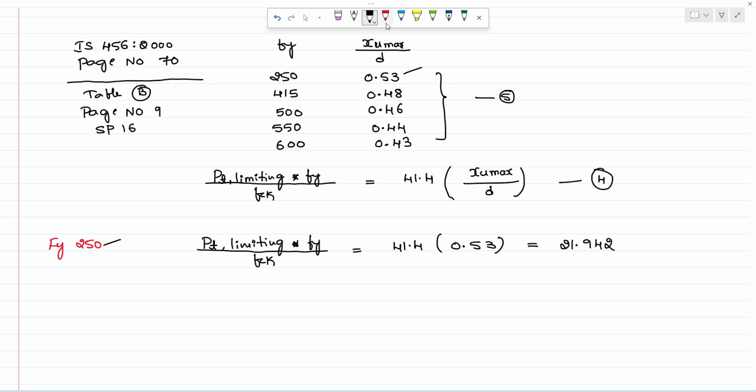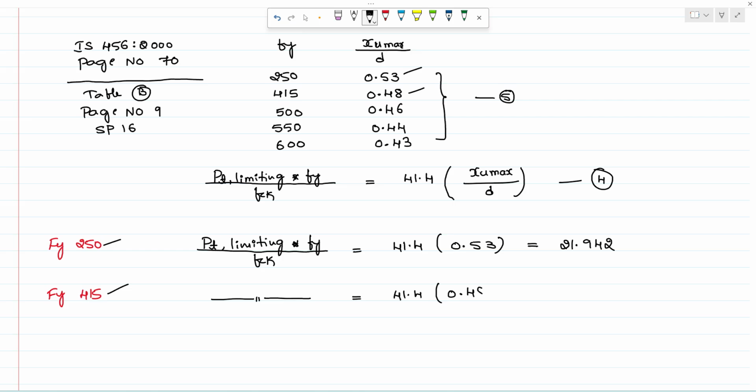So similarly for 415, so Fy equals 415. On the left hand side, you have the same equation. So here equals 41.4 multiplied by, for Fy 415, XU max by D value, it is 0.48.